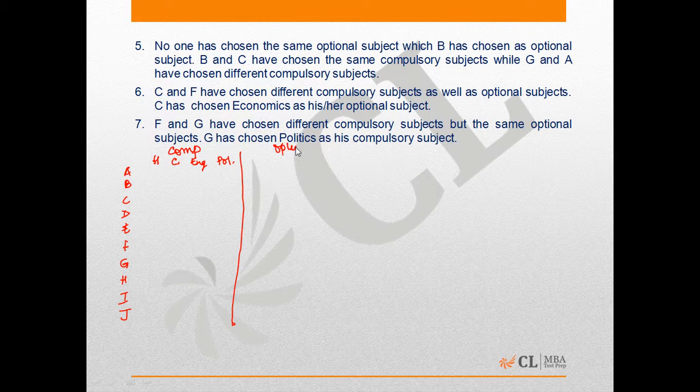And if you look at the optional subjects, the optional subjects are economics, history again, geography, and sociology.